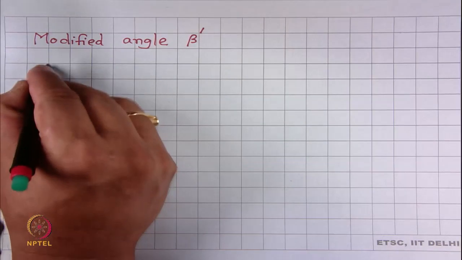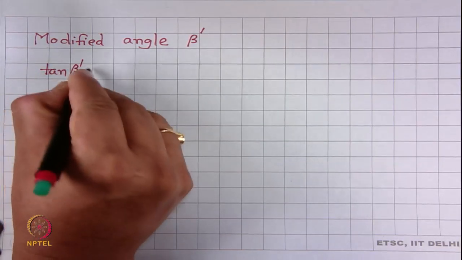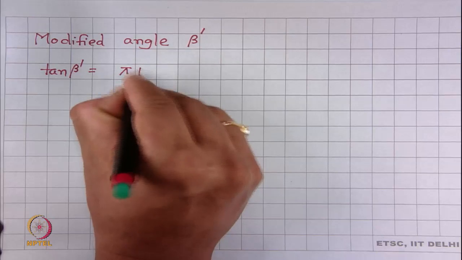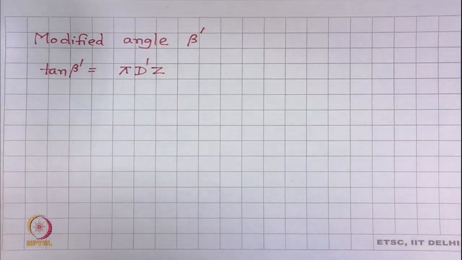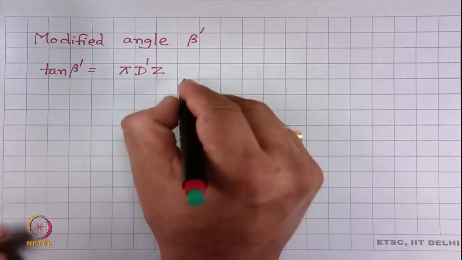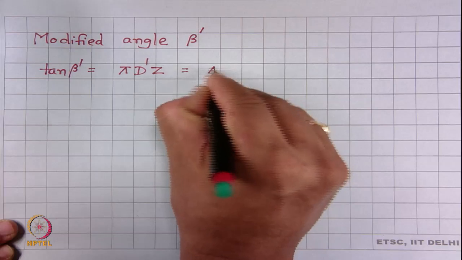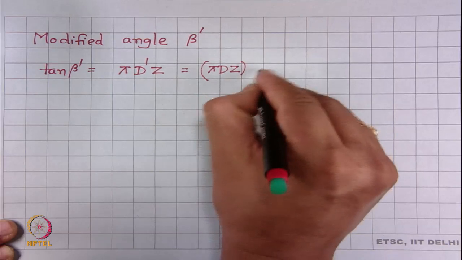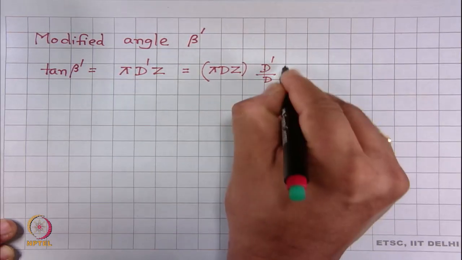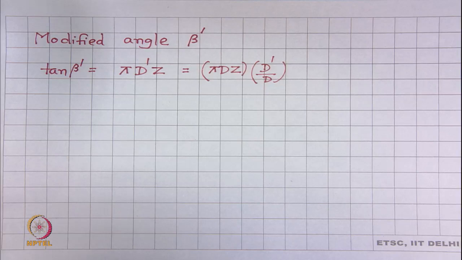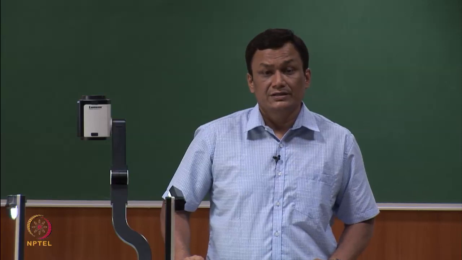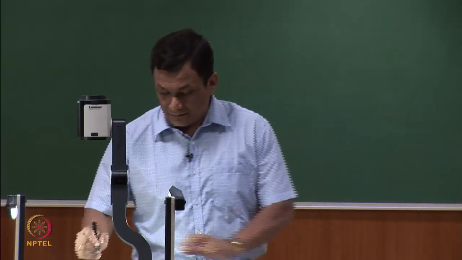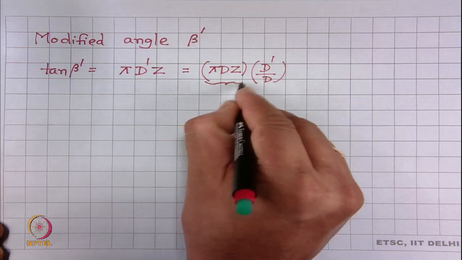So, tangent of beta prime is equal to pi times D prime Z. Okay. Let us write this in a slightly different form: pi D Z times D prime by D. Now, you see what is pi D Z? Pi D Z is twist intensity, that is equal to kappa.